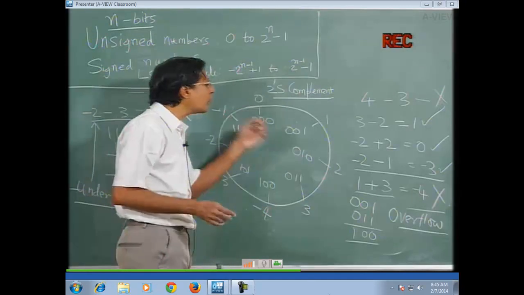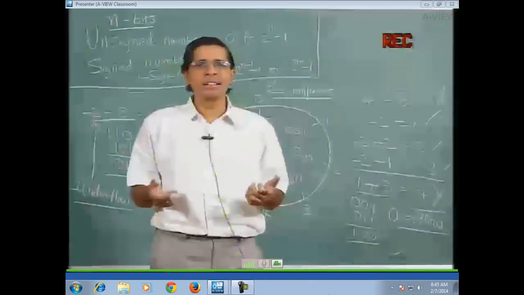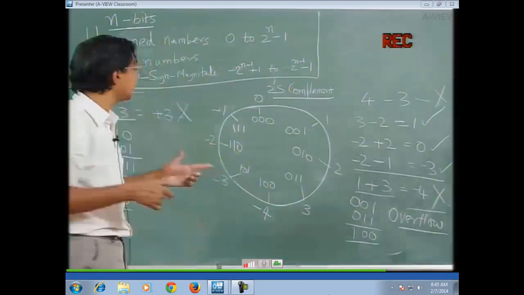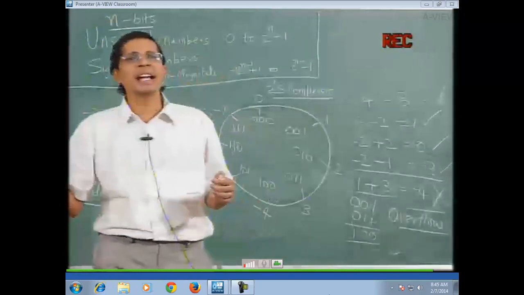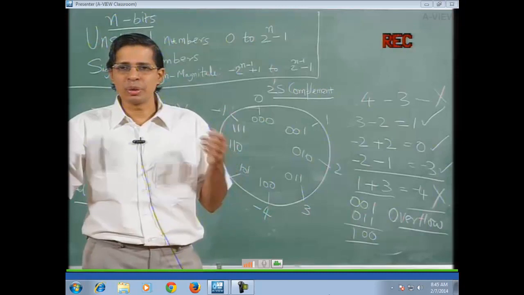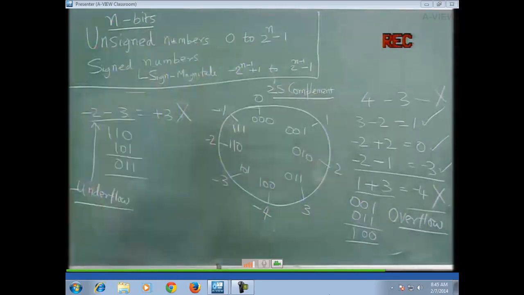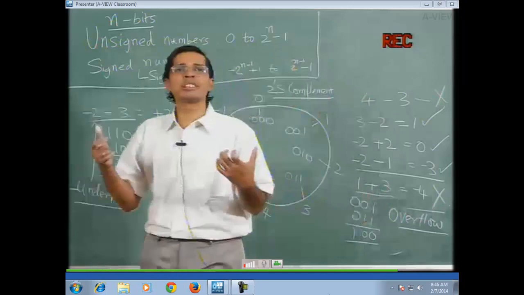So if I have one positive number and one negative number as input to the adder, and both these numbers are within this range of minus 4 to plus 3, I can never create an underflow or an overflow. That we can easily verify here. It's a very straightforward exercise. So an underflow is created only when I am handling two negative numbers. An overflow is created only when I am handling two positive numbers.